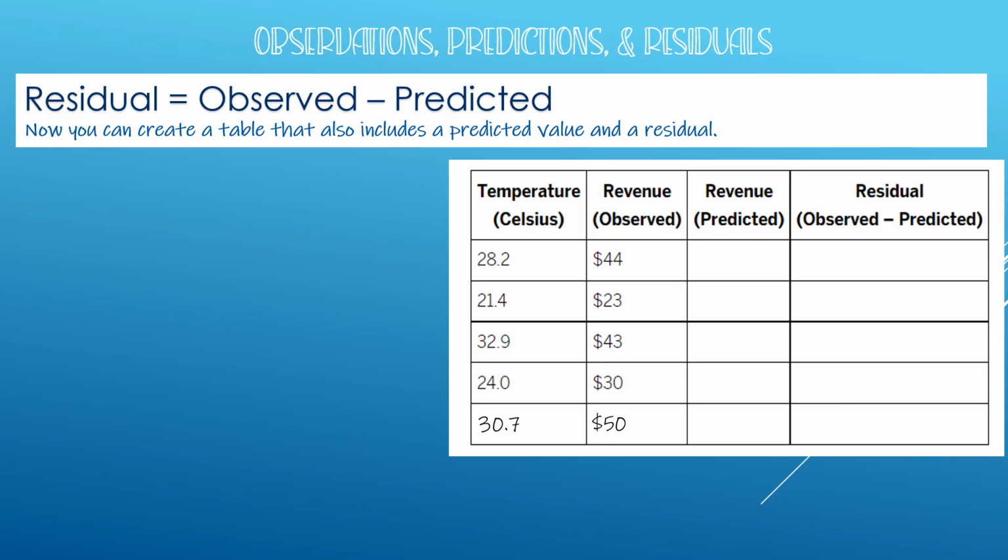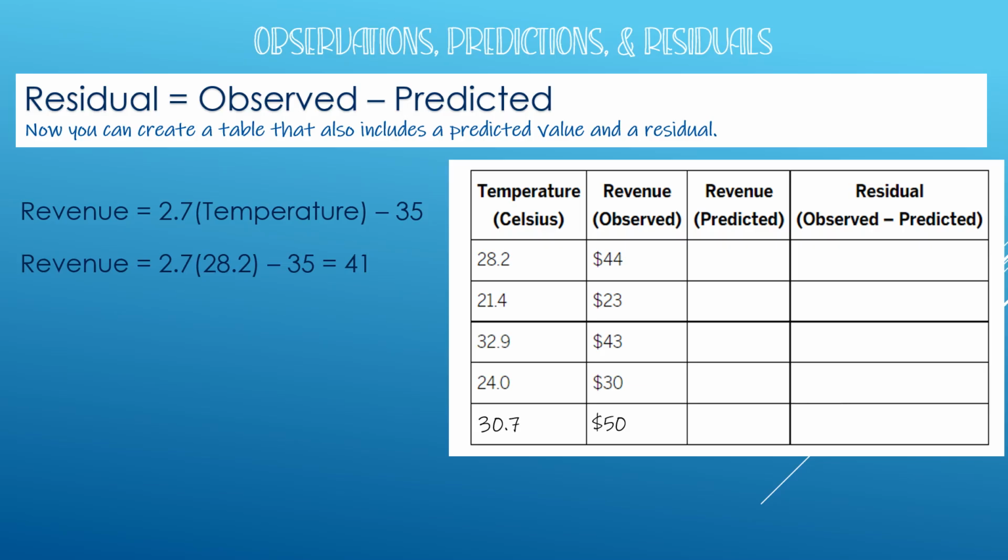Let's see if we can find the residuals for other data points for that lemonade stand data. Here's our equation once again, and we're going to put the X value into there to get our predicted revenue, which is going to be column 3.